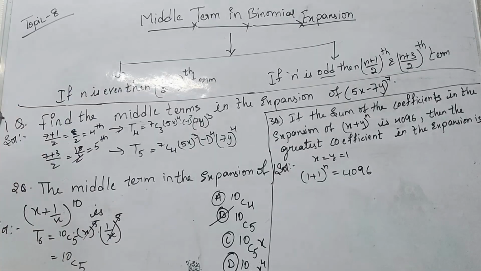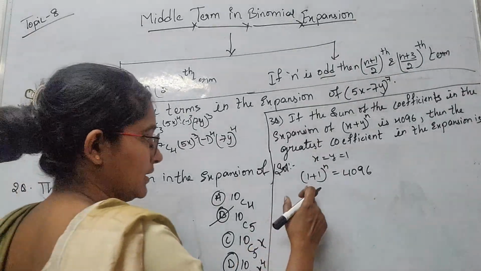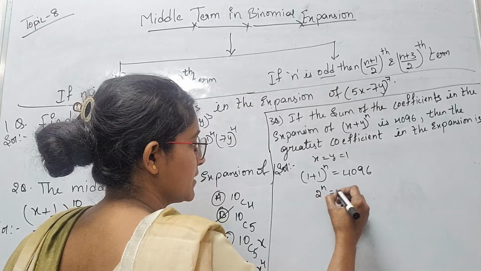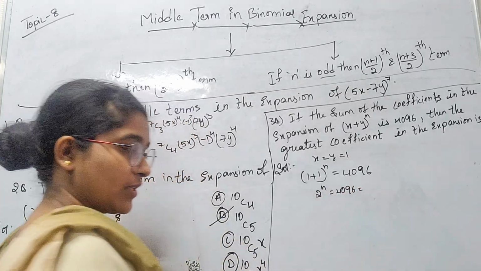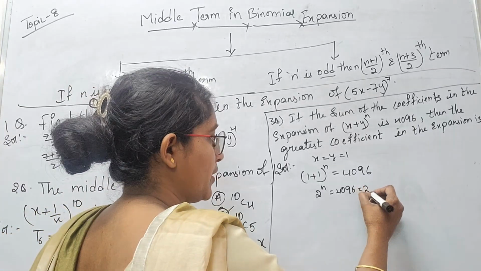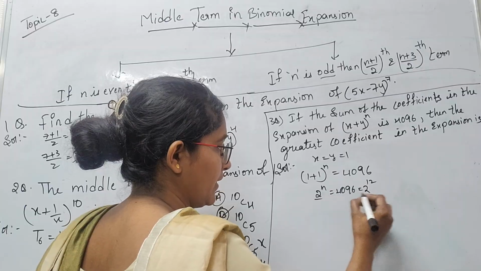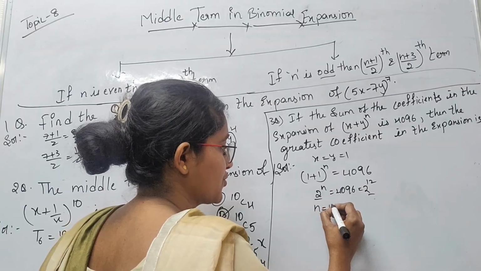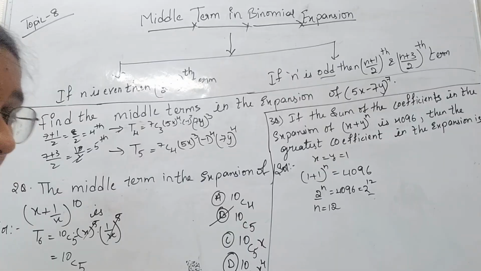Then we need to find the greatest coefficient in the expansion, right? Now 2^n equals 4096. Can I write 4096 as a power of 2? It is 2^12. So comparing both, n equals 12. We got the n value. Now the middle term will be the greatest.